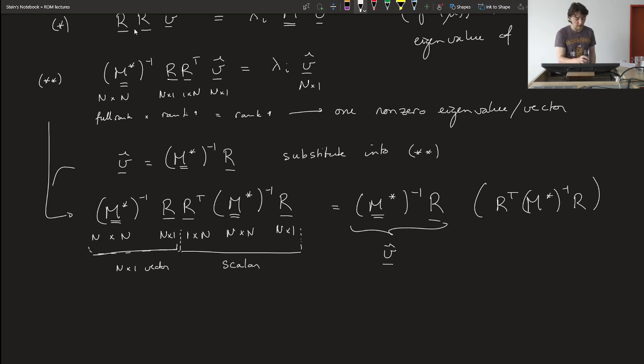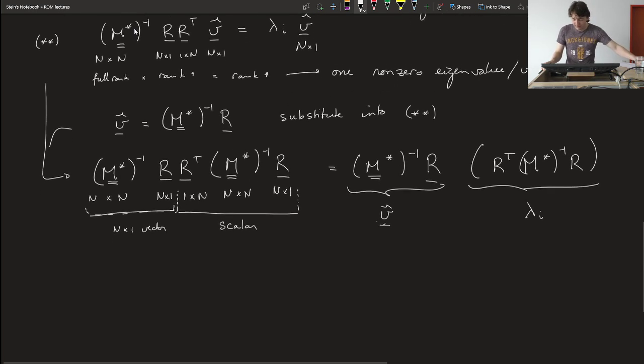So what I'm seeing is that if I substitute this choice that I made of v hat into this leftmost position, then the output will be v hat multiplied by a scalar, which will then automatically be my Lagrange multiplier, or my eigenvalue. Lambda is also the symbol for the Lagrange multiplier.